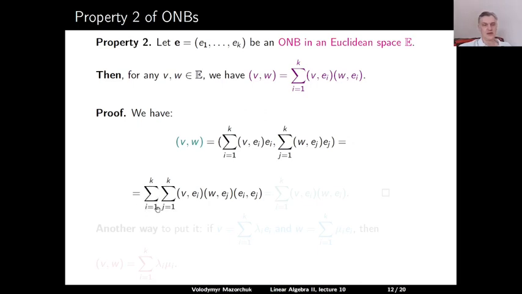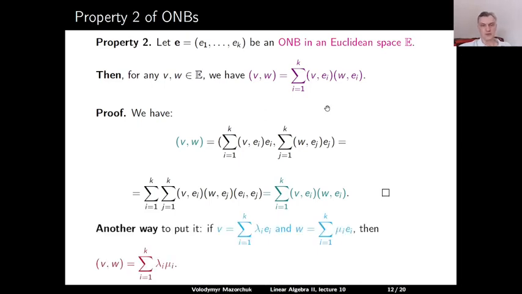The sum over all i from 1 to k, the sum over all j from 1 to k, the scalar product of v and e_i times the scalar product of w and e_j times the scalar product between e_i and e_j. And the last factor is equal to 0 if i and j are different, and it's equal to 1 if i and j are the same. So the whole expression is equal to the sum over all i of v scalar product with e_i times w scalar product with e_i, which is exactly what we want.